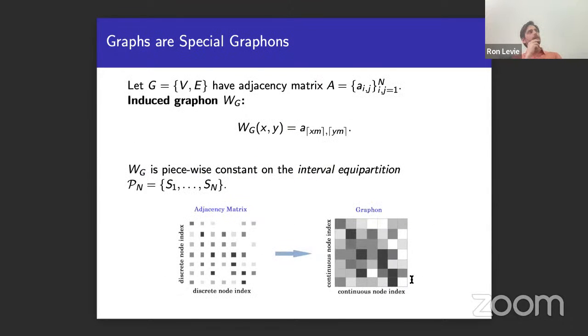And also, graphs can be seen as special cases of graphons, so you can embed the space of graphs in the space of graphons. What you do is you take the adjacency matrix of the graph and extend it as a piecewise constant function over [0,1] squared. So you get a piecewise constant graphon, and we think about piecewise constant graphons as graphs. So anything we prove for graphons is also true for graphs as a special case.